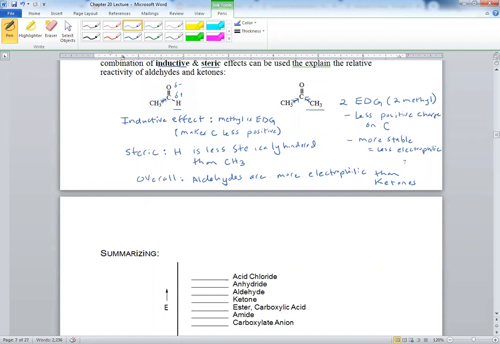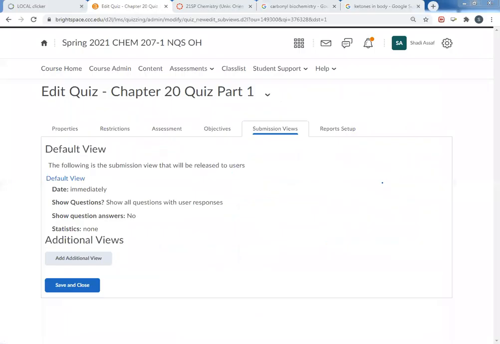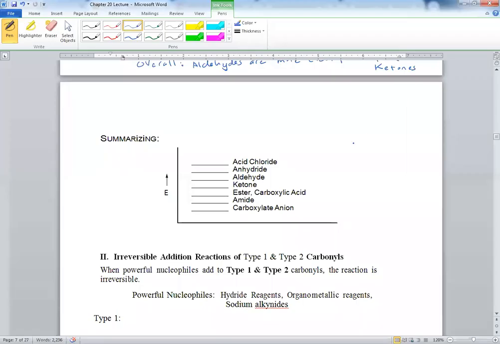Now let's summarize all of what we learned in this table right here. This is a very important table or graph. So if we take a look at this graph right here, it tells you how stable and of course reactive the compounds are. So the least reactive, most stable compound would be the carboxylate anion. That's basically this one.